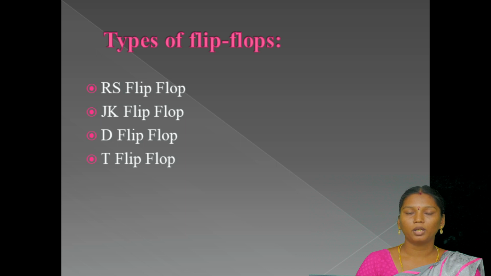Next, we are going to discuss the types of flip-flop. There are four types: first is the RS flip-flop, second the JK flip-flop, third the D flip-flop, and fourth the T flip-flop. RS flip-flop is the reset and set flip-flop.